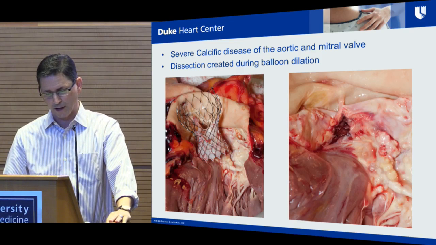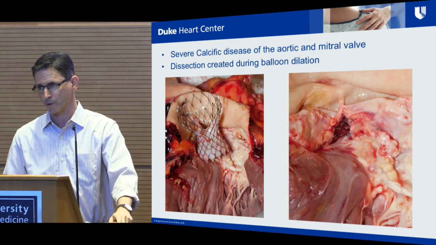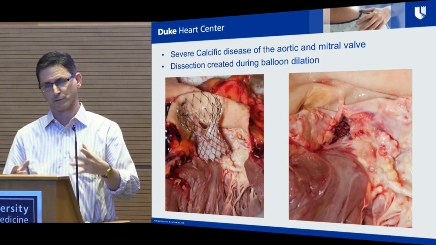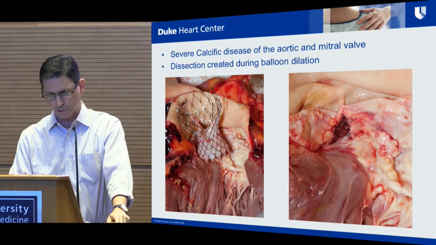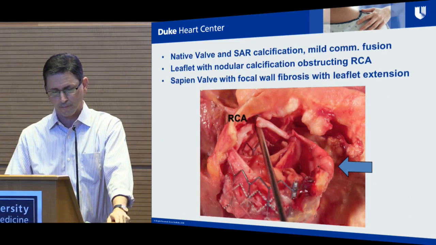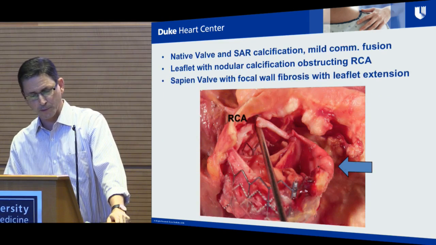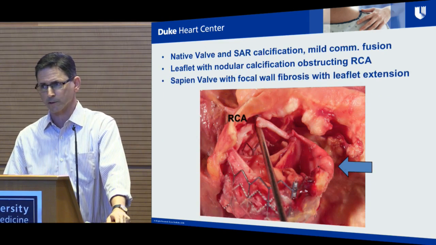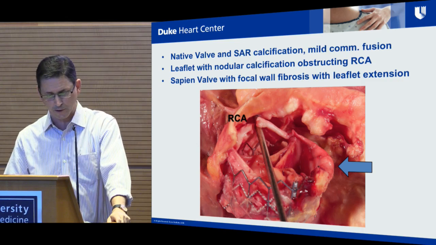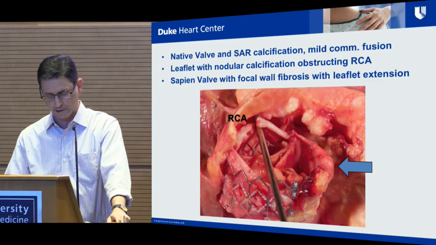And when we remove the valve, you could see that in deploying the valve and ballooning it, because the calcium has really no give, there was a tear created that was the source of hemorrhage. This is a Sapien valve showing an obstruction of the right coronary artery, and there was evidence of ischemic infarcts distal to this lesion.